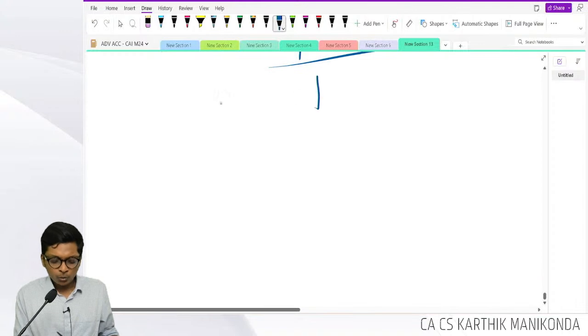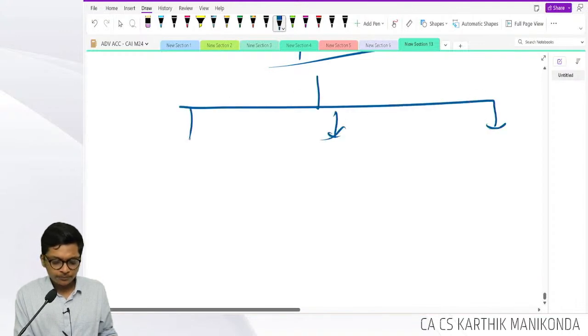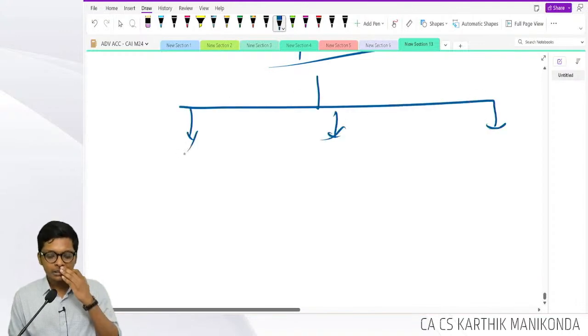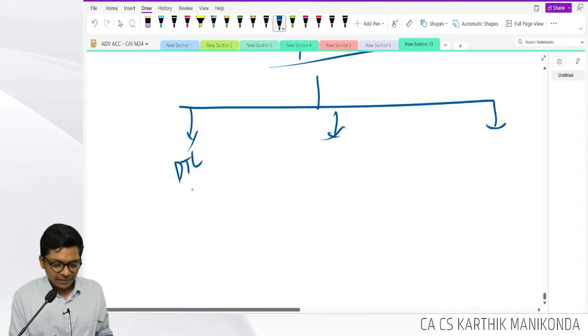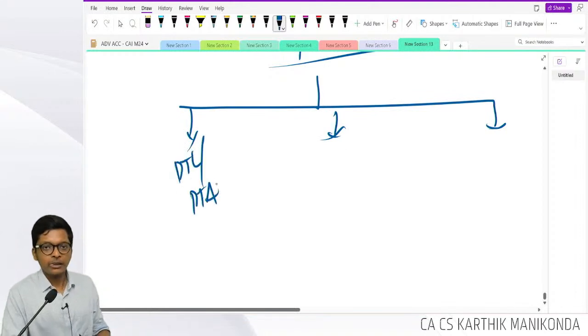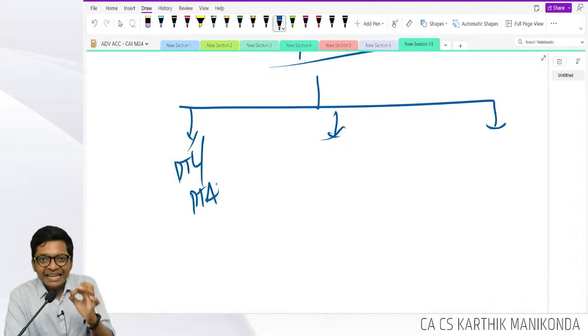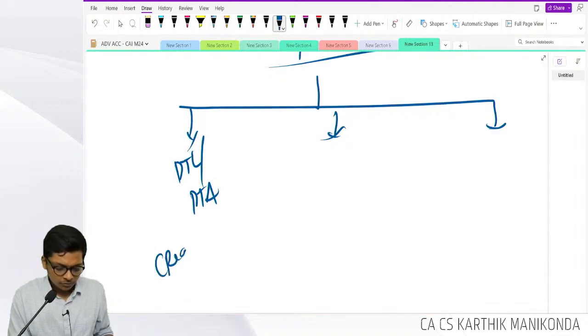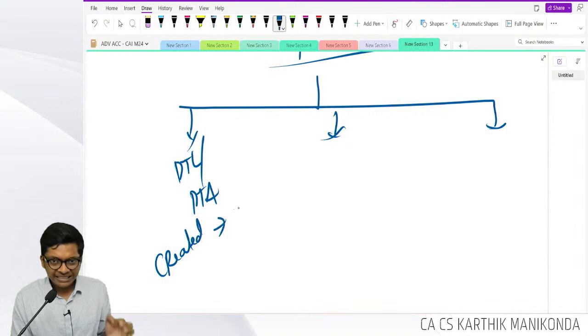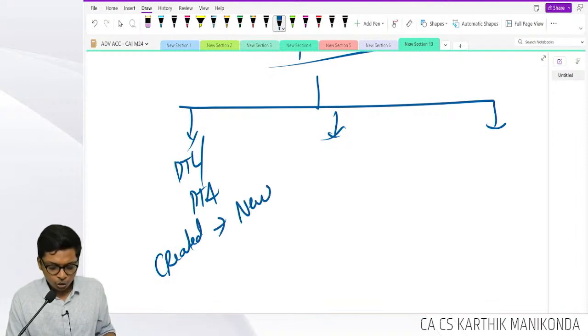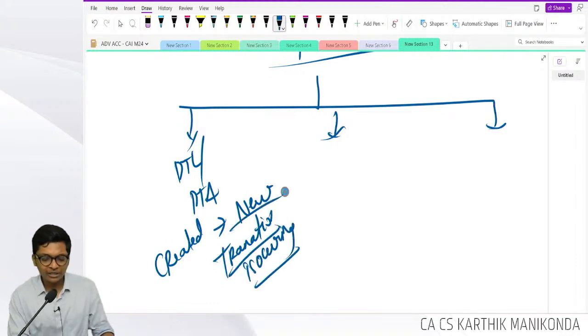Okay. Now, few important things to note. 1. This deferred tax liability or deferred tax asset will be created only in the year where a new transaction is occurring. Follow, guys.